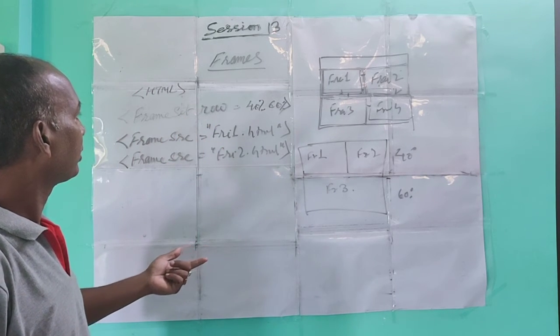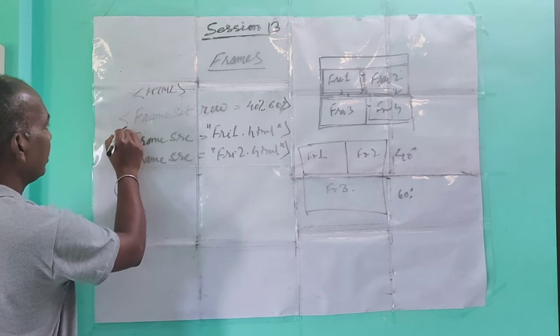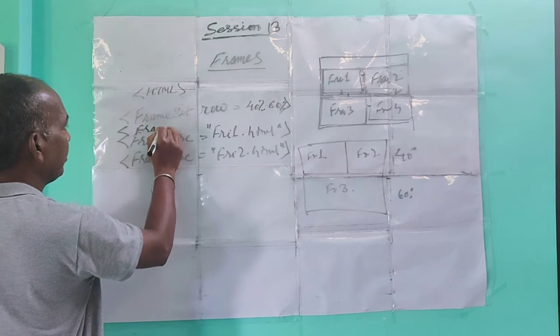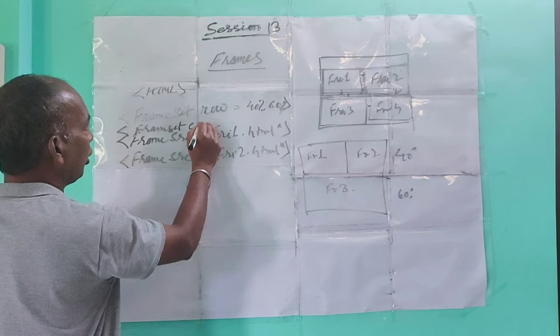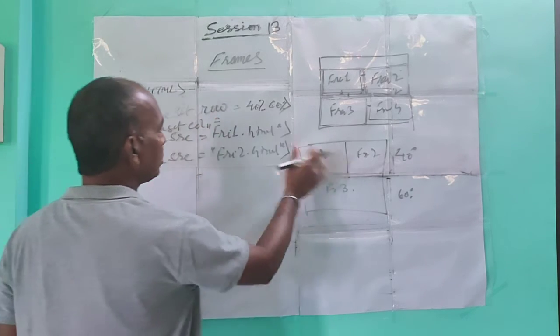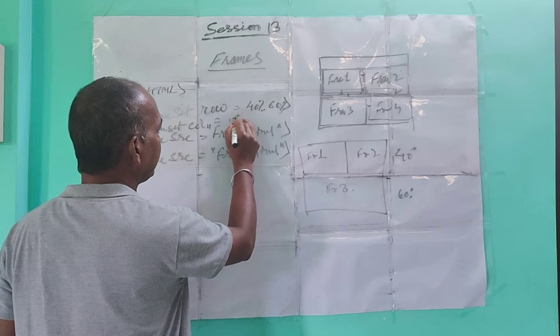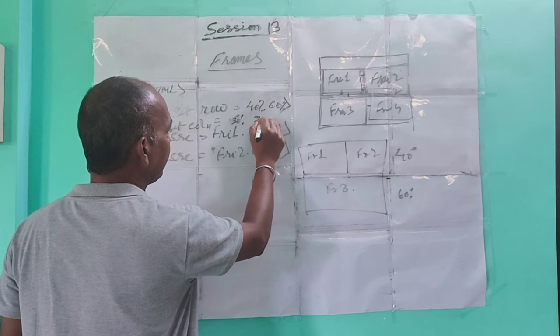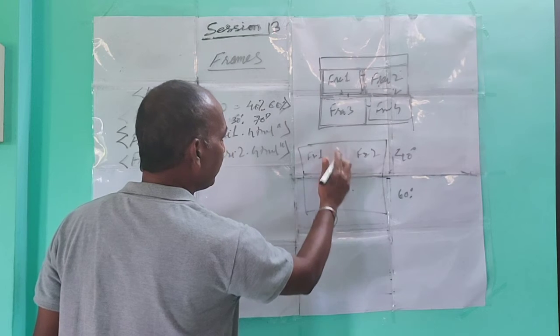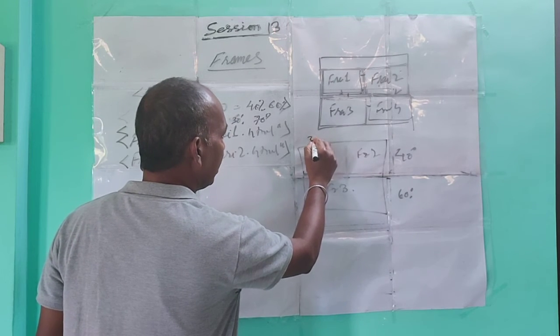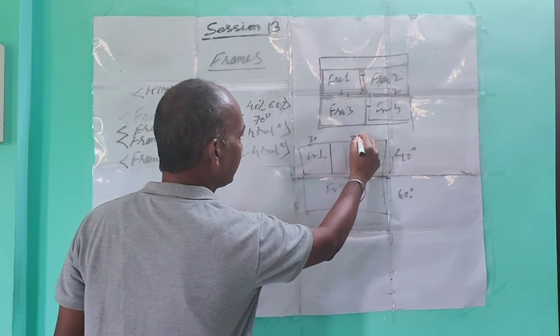Sorry, one thing is left here. Frameset cols equals to 30% and 70%. So here the first frame will be created for 30% and the second for 70%.